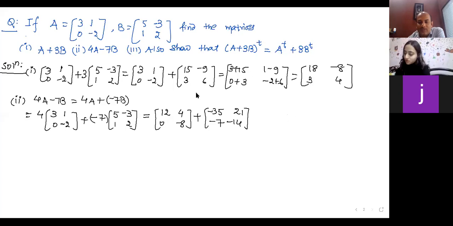Why did I convert? Because as I said in the previous lecture also, addition is simpler than subtraction. We are more comfortable going for addition as compared to subtraction. Which is equal to 12 minus 35, 4 plus 21, 0 minus 7 and minus 8 minus 14.